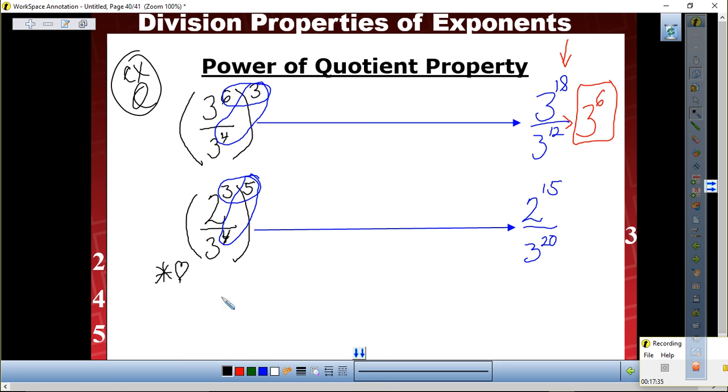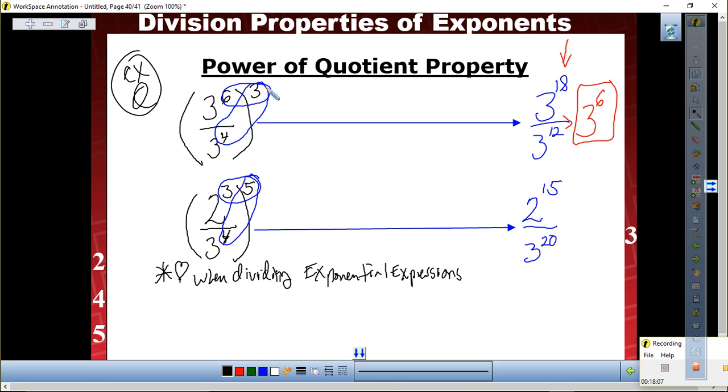So we're still dividing, is that correct? So when dividing, what are we dividing, everyone? Okay. What are they called, everyone? Exponential expressions. But in this case, what's happening?